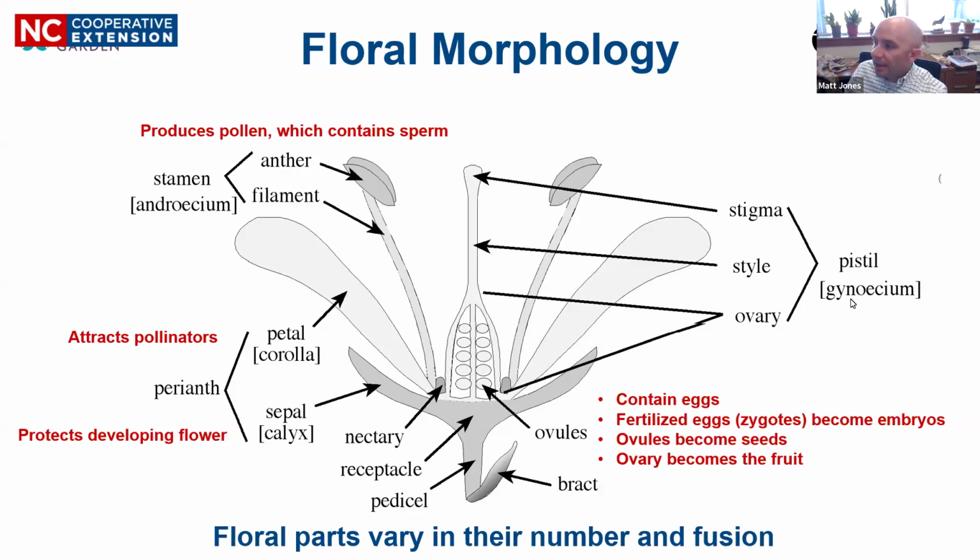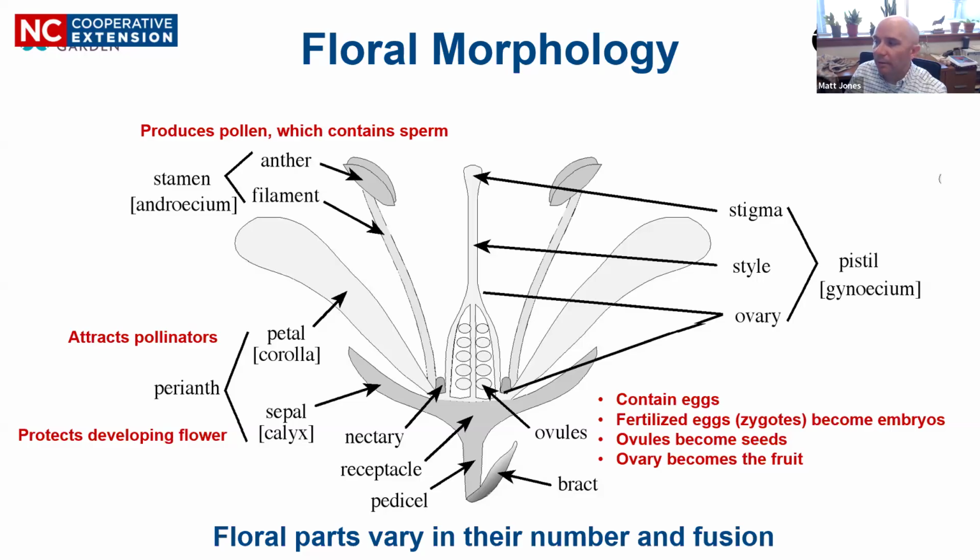The gynoecium, again, is the female reproductive structure composed of individual pistils. And sidebar, now we won't get into too much detail. I can talk about this more in person if you are curious. But in theory, the real fundamental unit of the gynoecium is the carpel, and many pistils are comprised of multiple fused carpels.